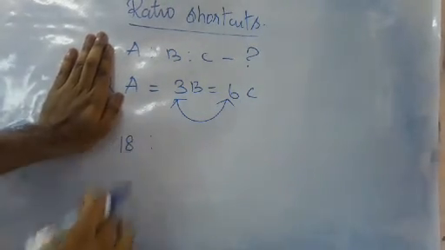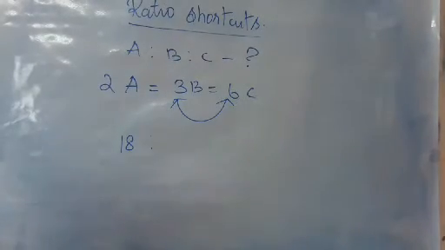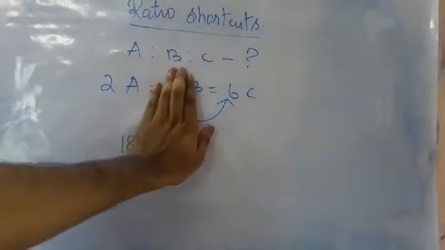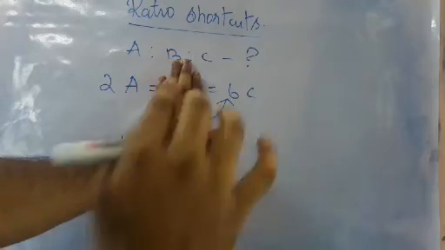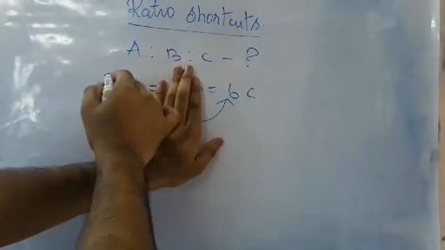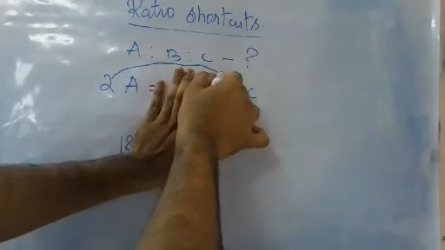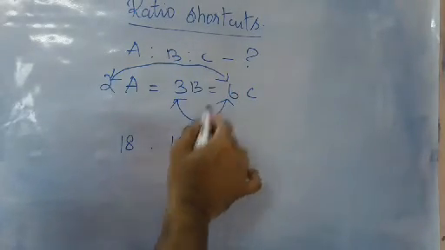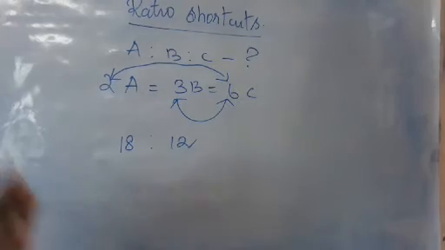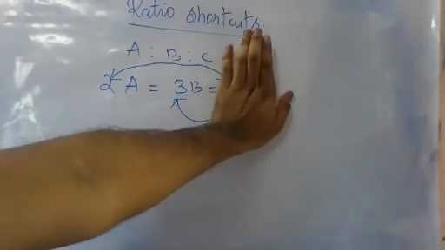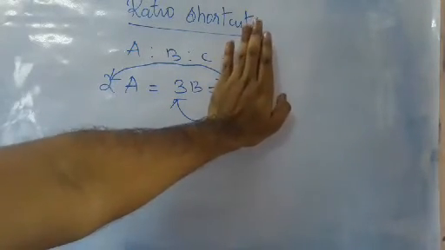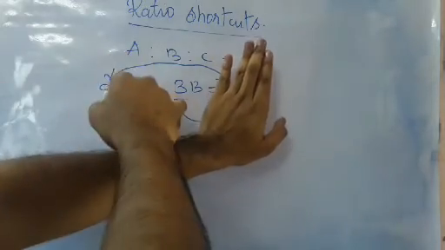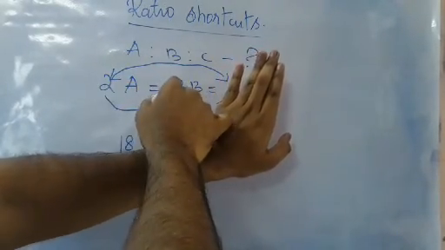ratio for A. And then for B we have to hide this number and multiply the rest of the numbers here, that is 2 getting multiplied with 6, and write it here. And for C, in the same manner, we hide the number here and multiply the rest of the numbers, that is here.